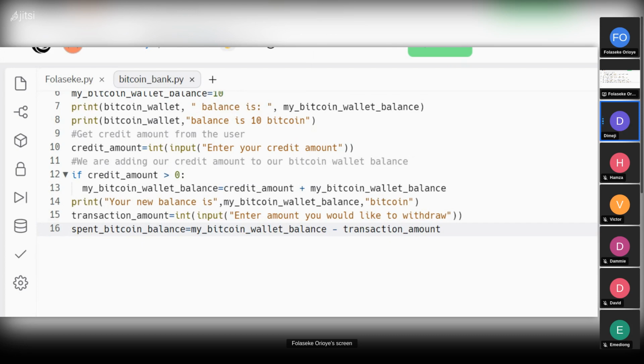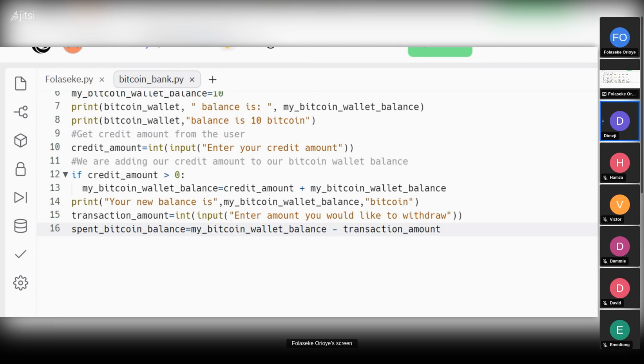So what we did, we tried to do that on line 12. On line 12, we said if credit amount is greater than zero, that should be the only case we should be adding our credit amount to our Bitcoin wallet balance. Do we all understand to this point? Yes, sir. Good.